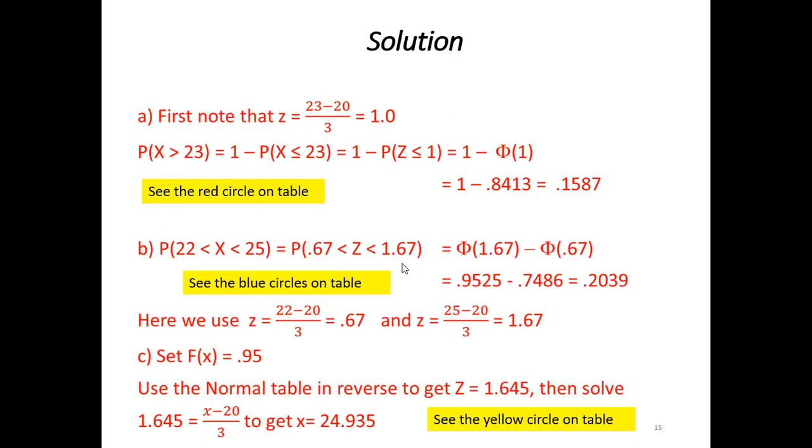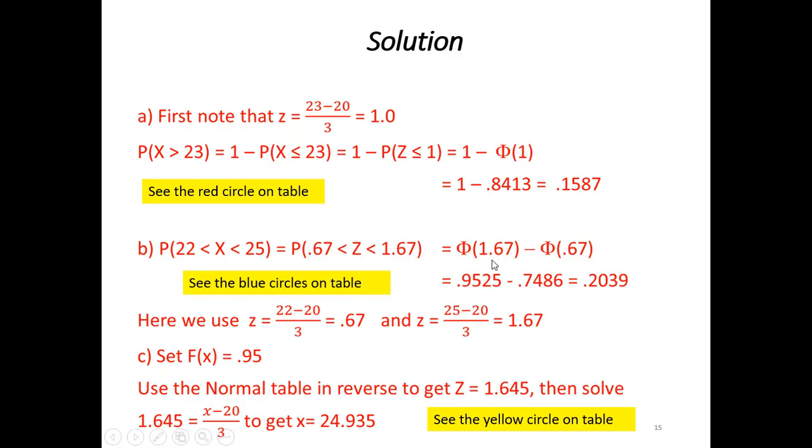Okay. When we think in terms of using our table, we're going to look up phi of 1.67 minus phi of 0.67. You can see the values here, but let's take a look at the table. I've tried to identify these using blue circles.